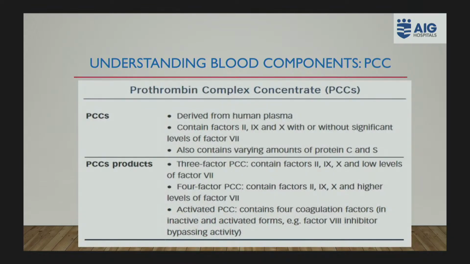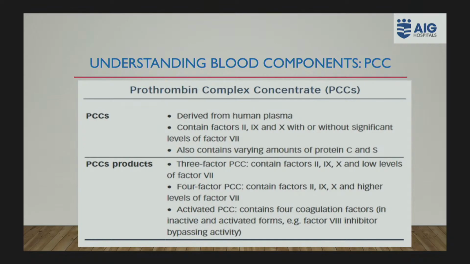Coming to prothrombin complex concentrate, it is derived from human plasma and contains factors 2, 9, and 10, with or without significant levels of factor 7. It also contains varying amounts of protein C and S. PCC products are considered to be 3-factor PCC and 4-factor PCC. 3-factor PCC contains factors 2, 9, 10, and low levels of factor 7. 4-factor PCC contains factors 2, 9, 10, along with higher levels of factor 7.